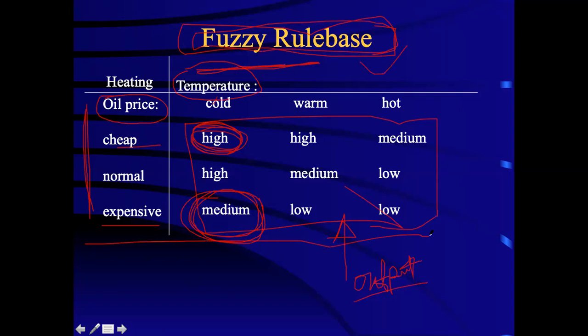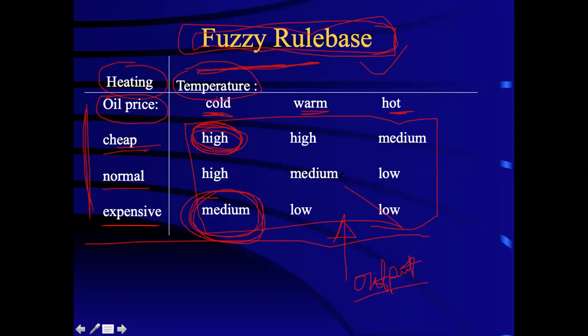You can determine it from here. But to determine it, what you'll have to do is draw or associate membership functions with cold, warm and hot temperatures. Similarly, you will have to define fuzzy membership functions for oil prices, and then for heating as well.